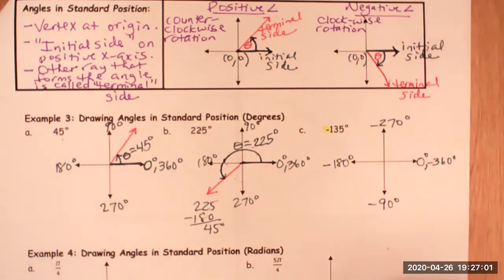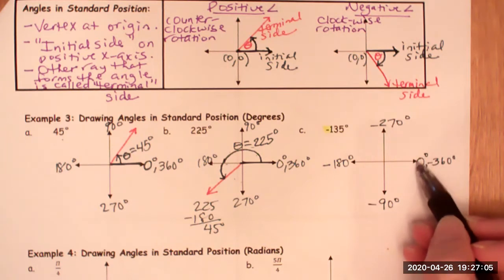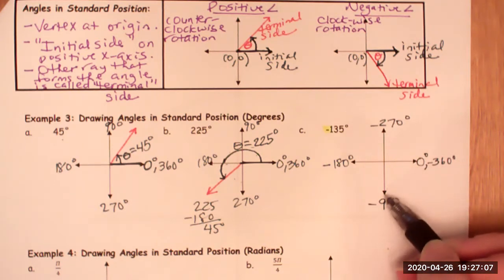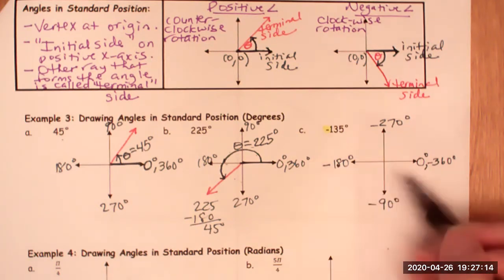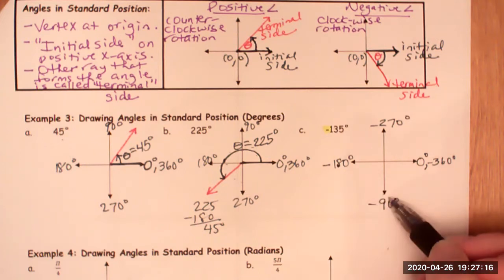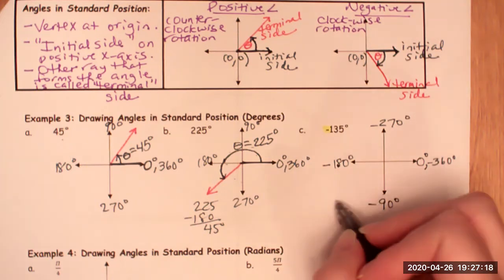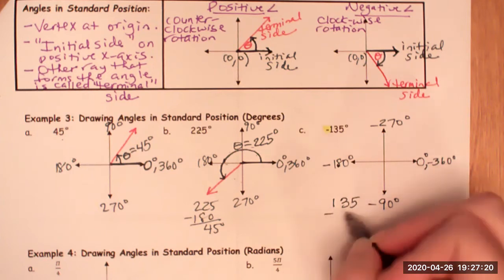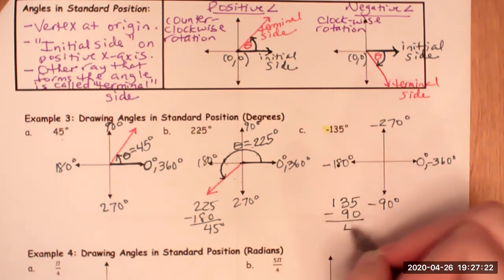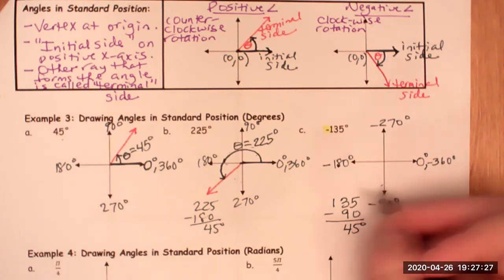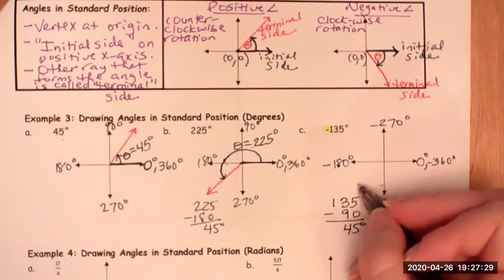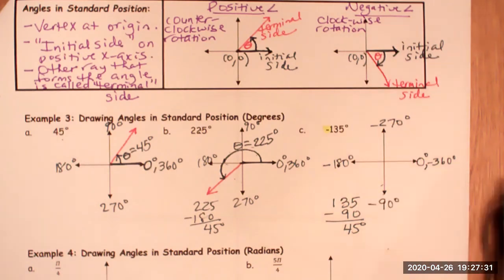Now, if I want to draw negative 135 degrees, I know that negative 135 is between negative 90 and negative 180. And if I'm not sure exactly where or how far I need to travel, I can do a little subtraction. Now, ignoring the negatives, if I just say 135 minus 90, I know that basically I'm traveling another 45 degrees in absolute value beyond negative 90 to get to the terminal side of this angle.